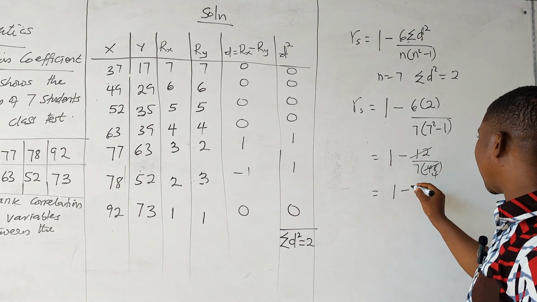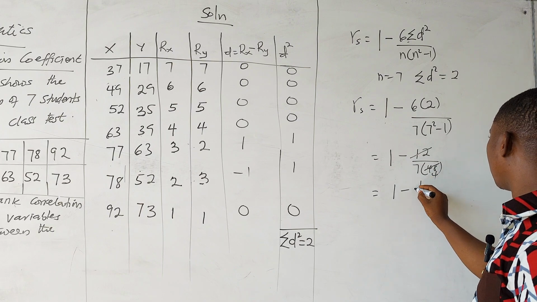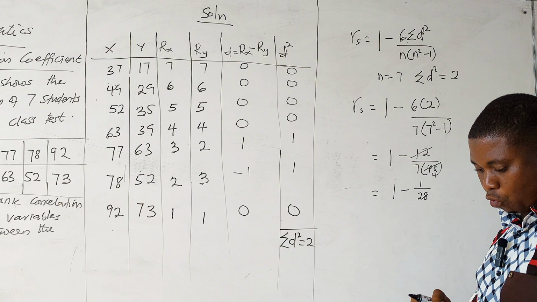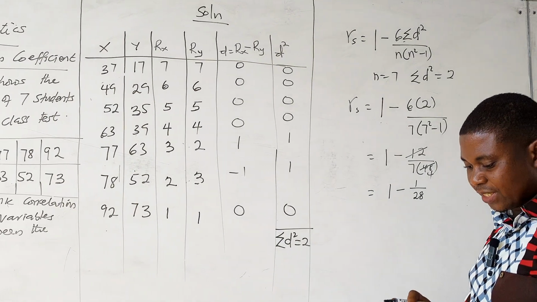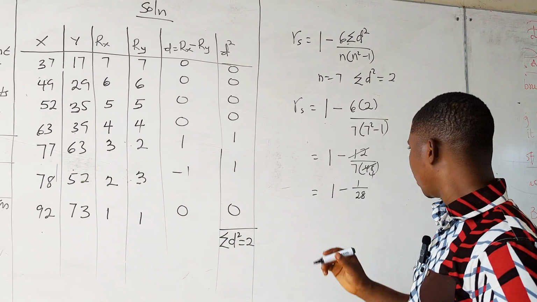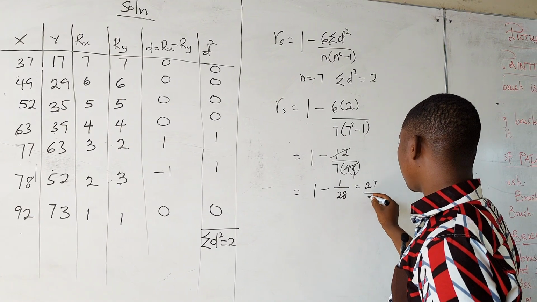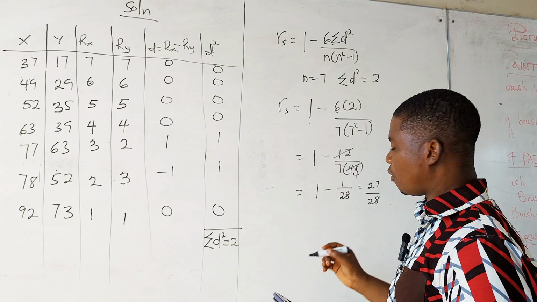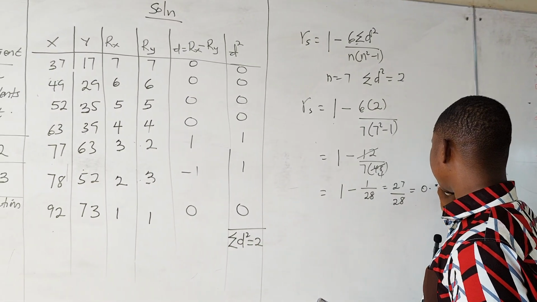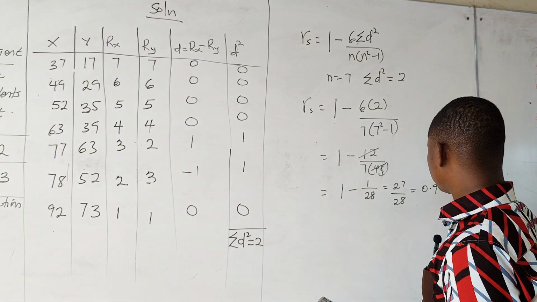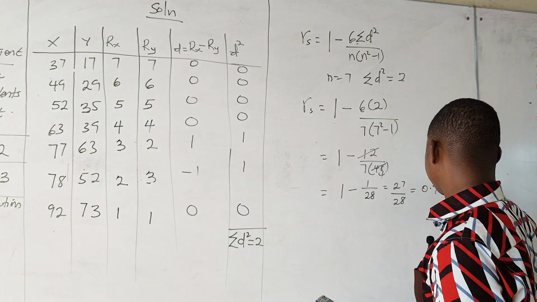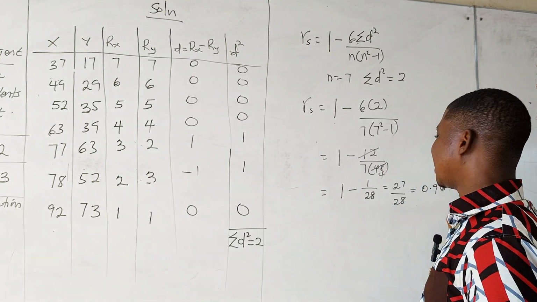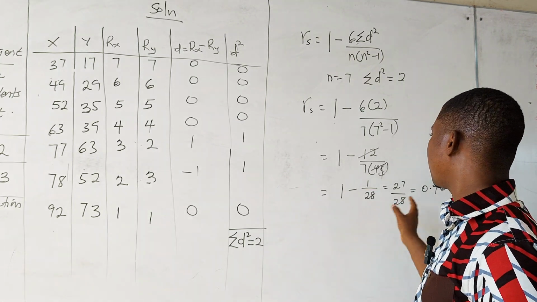So 1 minus 1 over 28, which will give us 27 over 28. So our answer here is 27 over 28, which is 0.9643. And this is our answer to the question.